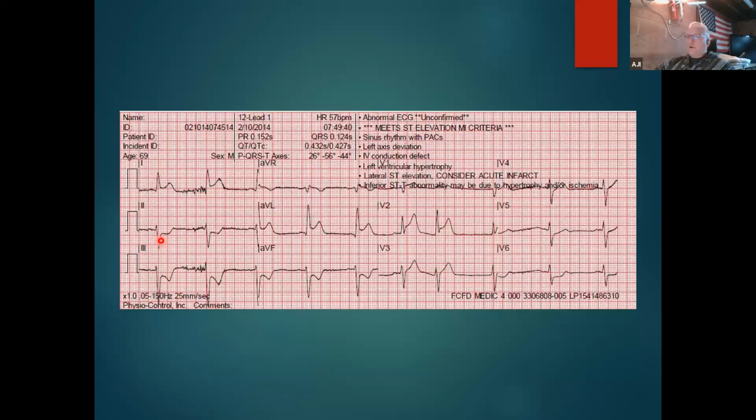For us, we see, okay, I see depressions here and elevations over here and over here and up in here and maybe up here. So we're like, okay, yeah, that's a STEMI. When we get this printed out, we're like, great. The next step is we need to transmit this to the hospital, so the hospital knows what's coming.